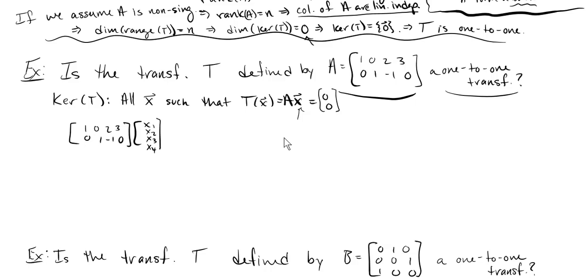I need 4 elements of this guy to be able to multiply on my matrix. We're saying this has got to come out to the 0 vector. Well, if we set up this augmented matrix, we notice this is already in REF form.